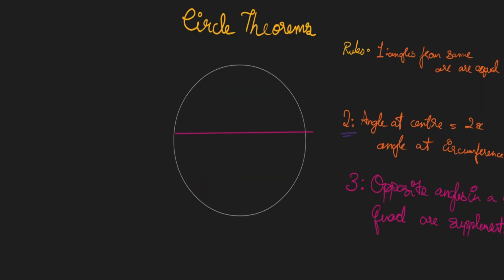Now imagine this is the diameter of the circle, and this is, let's say, the center O in the circle. So that makes this into two semicircles. Now, if I were to draw a triangle with the diameter as the base, regardless of what point I draw it from, the fourth theorem states that the angle in a semicircle is equal to 90 degrees.